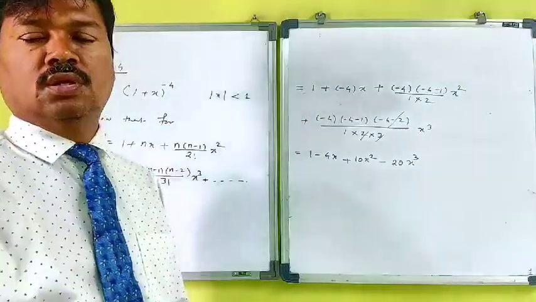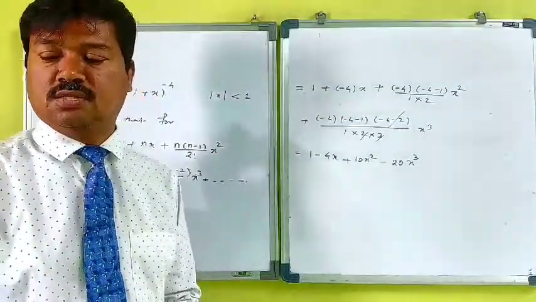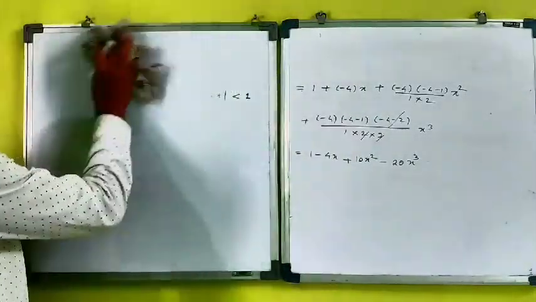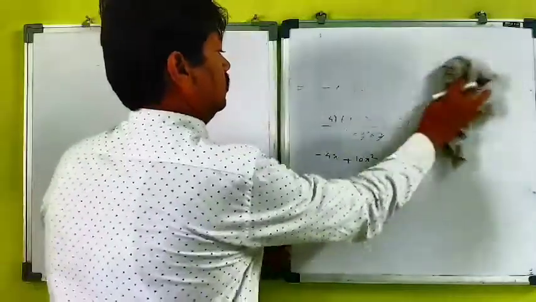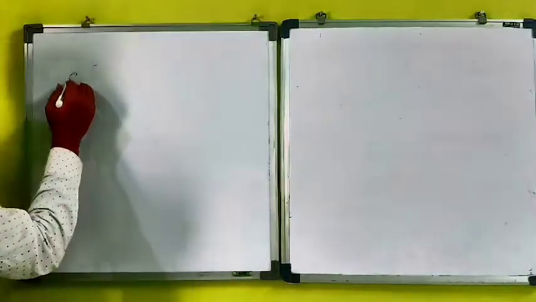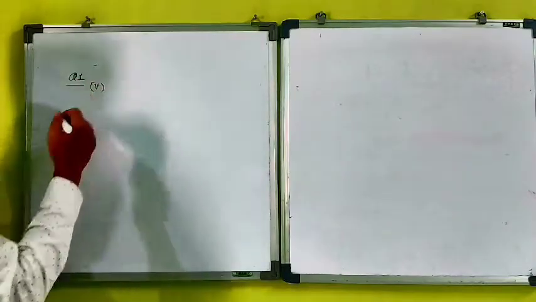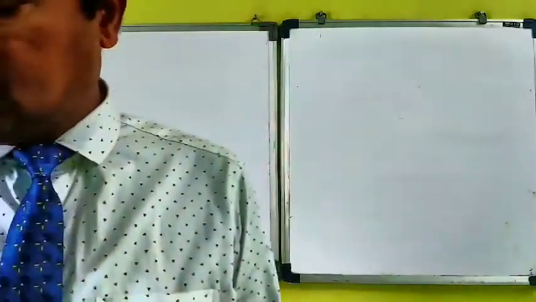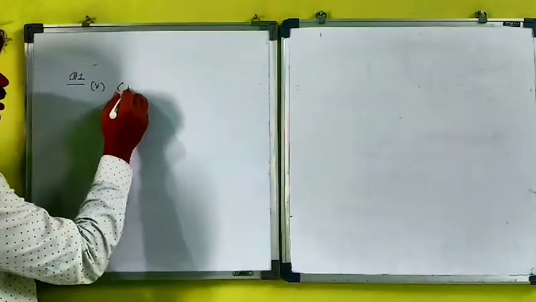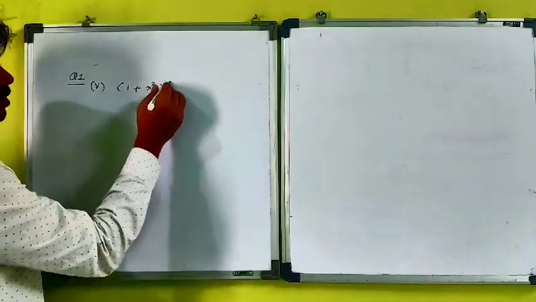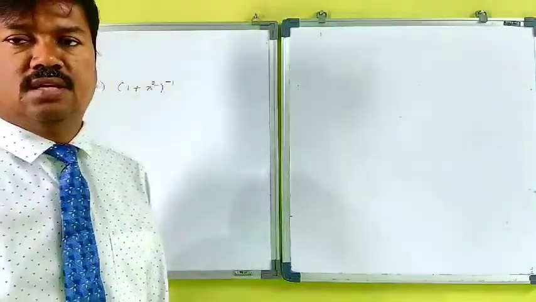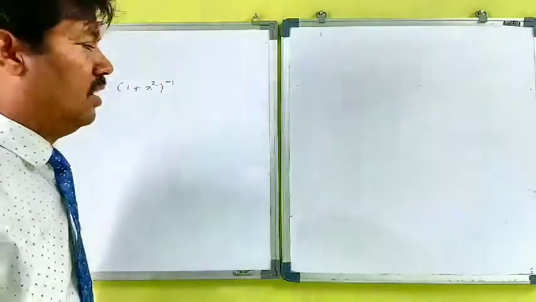Similarly, one more question, that is the fifth question of question 1. You have to write again the same, the first 4 terms in this expression, where the mod of x is less than 1. Again it is given the same way.